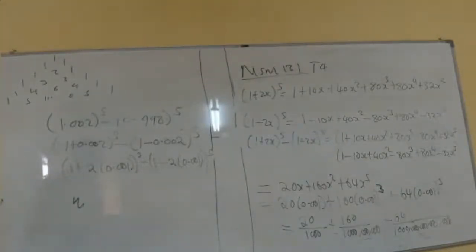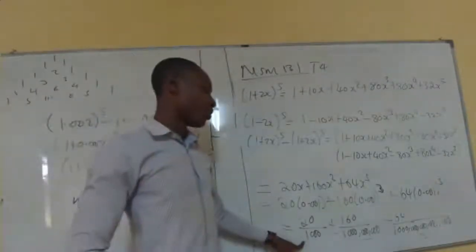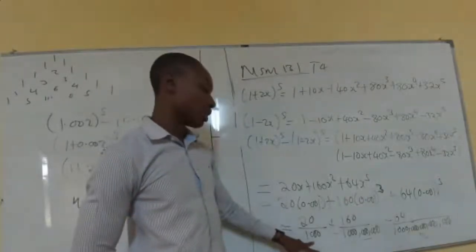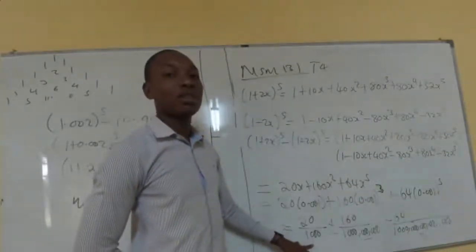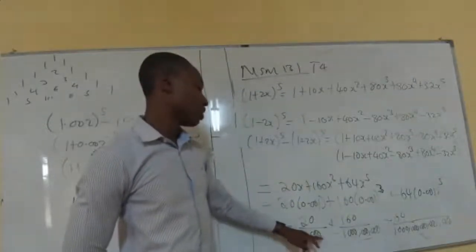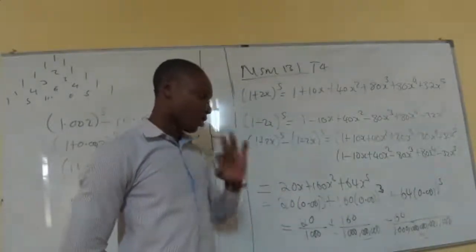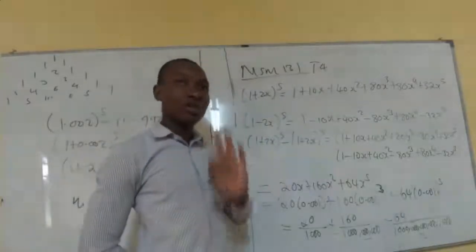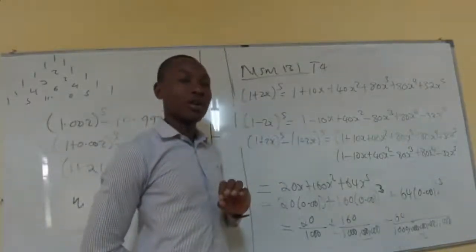So basically this is how you narrow down your zeros. If this is 1 over 1000 and you raise it to the power 2, these 3 zeros just come twice, so it's 1 million. If you raise it to the power 3, the 3 zeros will appear 3 times: 3 zeros first, 3 zeros second, 3 zeros third.